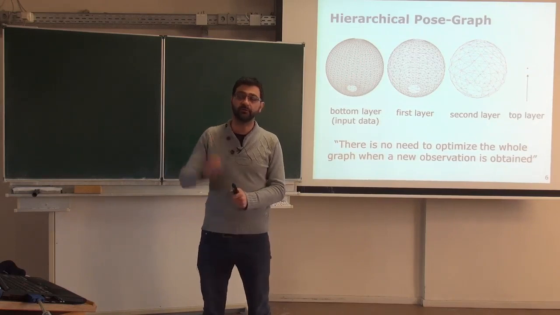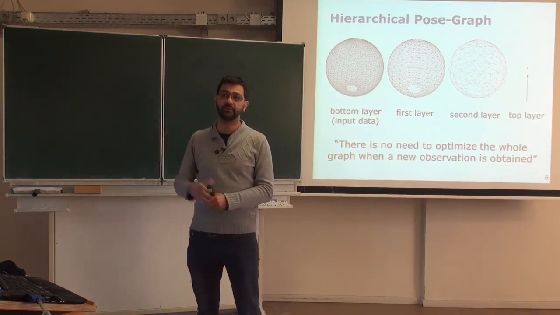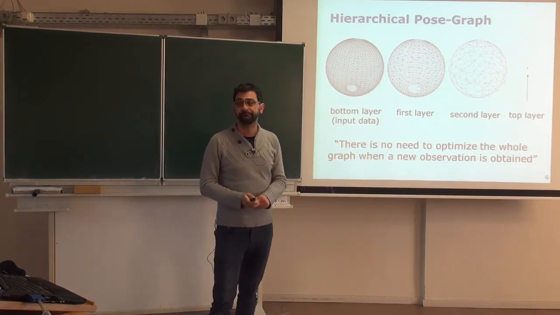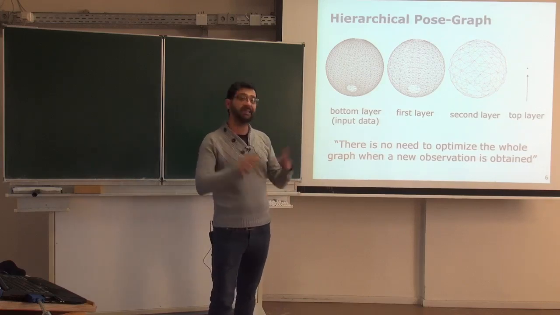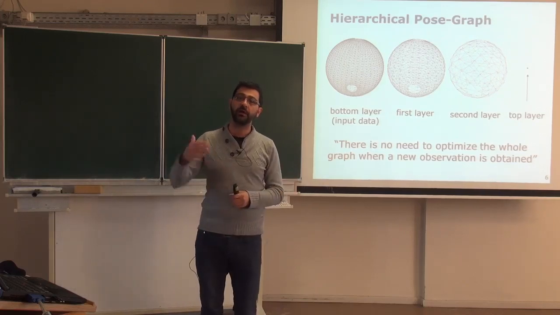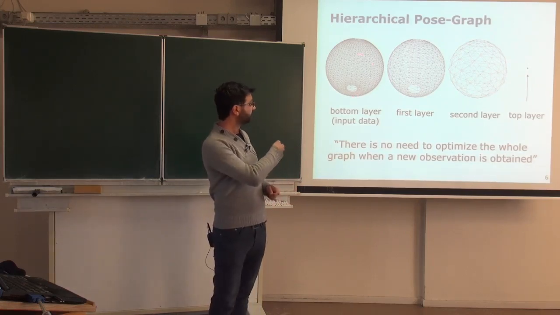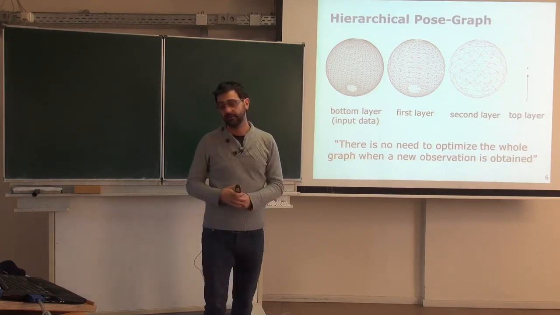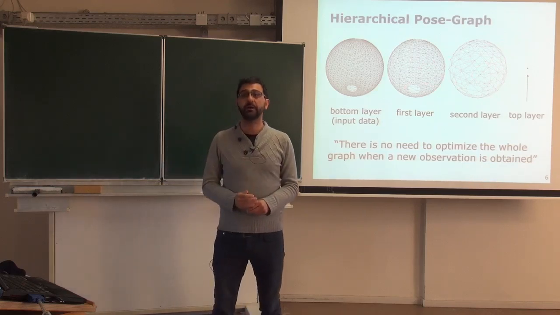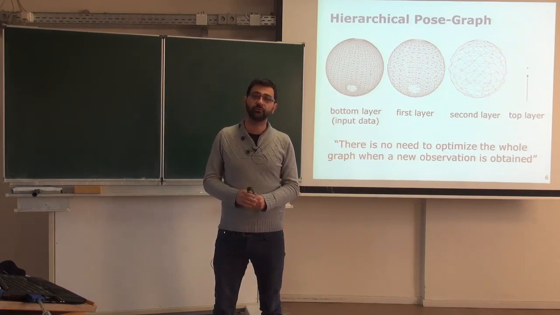So there is a one to two orders of magnitude reduction in the complexity. That's the main idea of hierarchical pose-graph SLAM, where we take the whole problem and make it more coarse for a quicker solution to the problem.